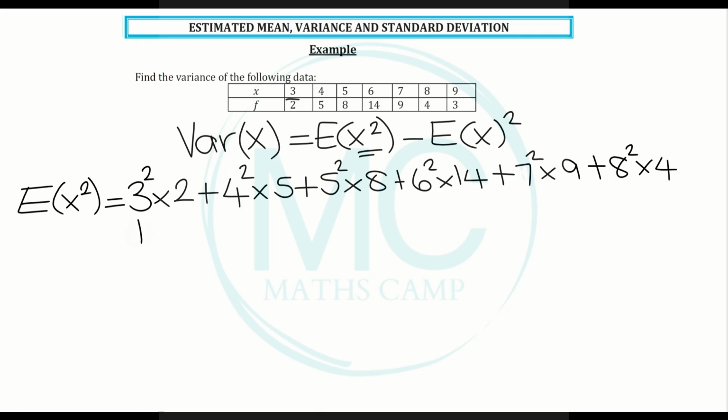Let's write this down here, plus 9 squared multiplied by 3. Then we need to divide by the total frequency.